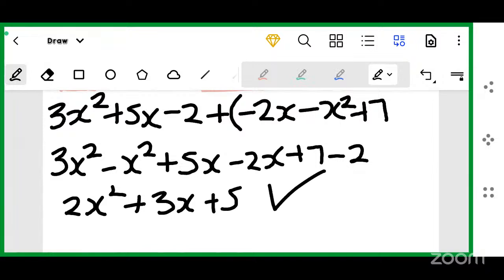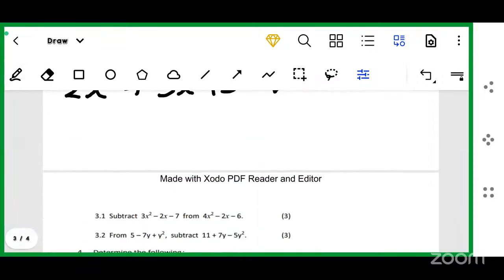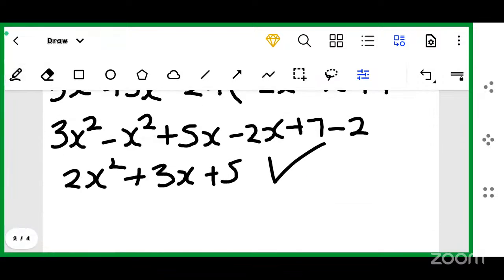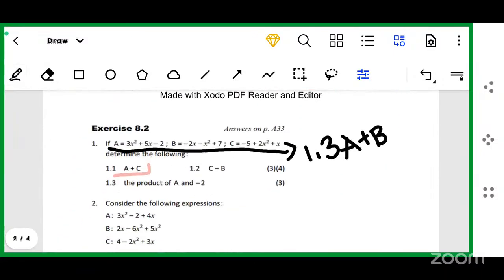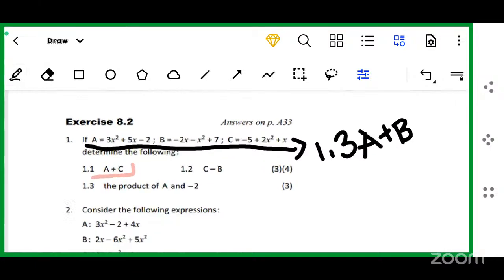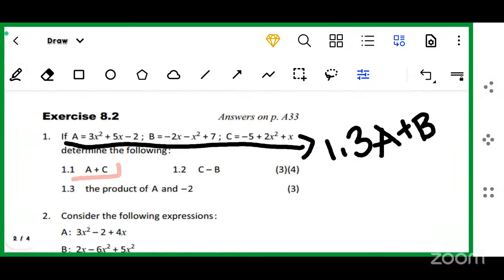Okay, correct. So let's go on. You're fine with this one? Yes, ma'am. Okay, so the third one says, determine the product of A and negative 2. Do you know what a product is?